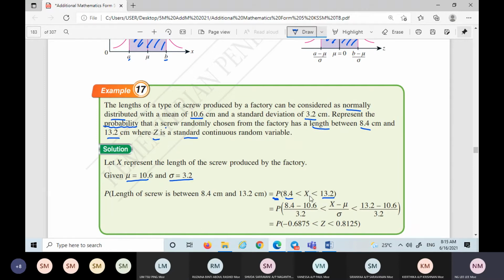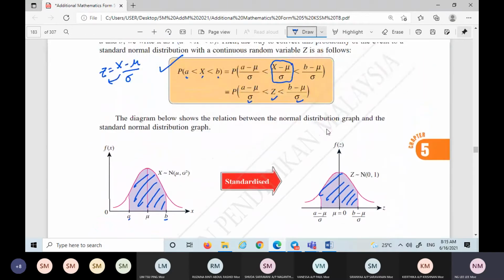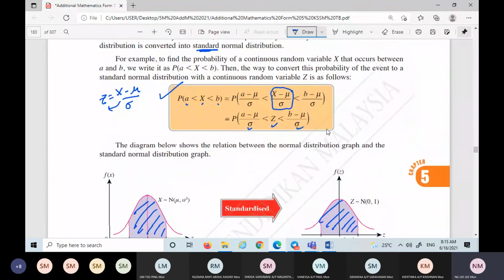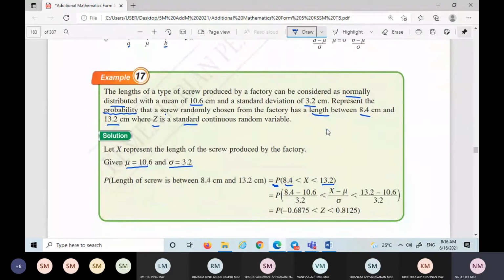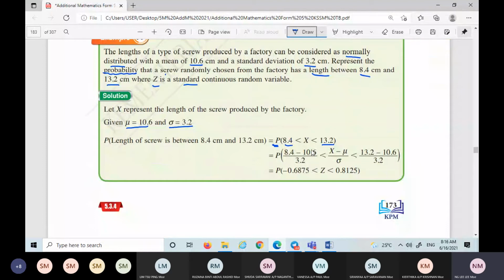Still remember what I asked you to copy just now. You do minus mu, divide by sigma, to every term here. So you minus mu, which is minus 10.6, divide by sigma, divide by 3.2, for this 8.4, 13.2, as well as for the x.